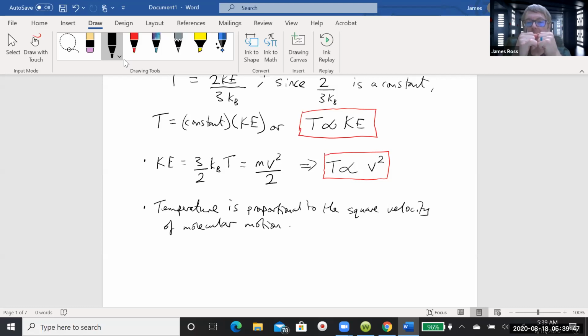And then the velocity squared increases, that's proportional to a temperature increase. The temperature increase caused by the velocity squared increase leads to the state change and the melting phenomenon we observe from the solid to the liquid phase.